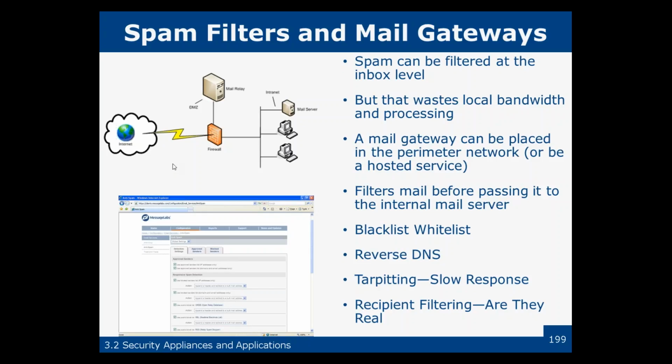So instead of filtering at the inbox level, we want to filter it before it gets to the mail server. So you have a spam filter out front that does filtering and throws away mail. The problem with spam filters, as you may have experienced, is that they sometimes filter legitimate mail.